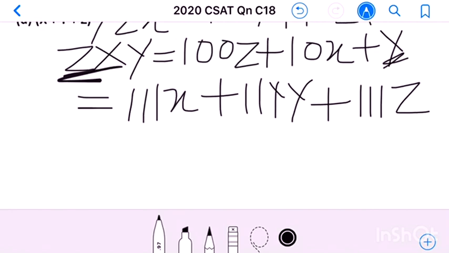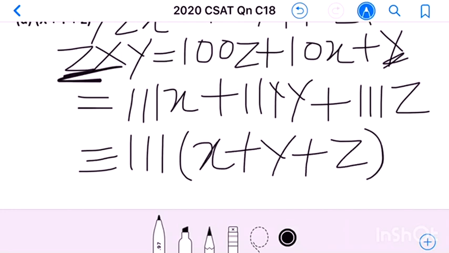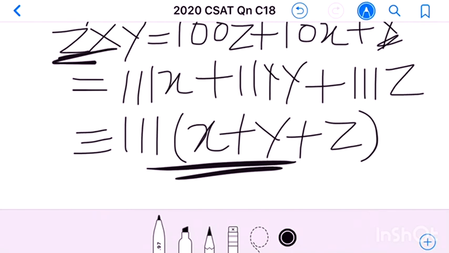Then take 111 outside. So we get xyz plus yzx plus zxy equal to 111 into x plus y plus z.